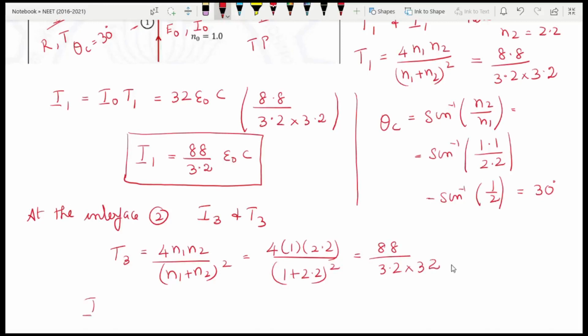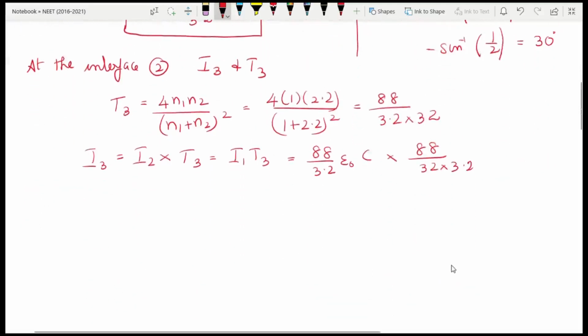Now I3 will be I2 into T3. Since I2 is equal to I1, we can write I1 into T3. The I1 value is 88 divided by 3.2 epsilon naught C, into 88 divided by 3.2 into 3.2. We will keep it as such.